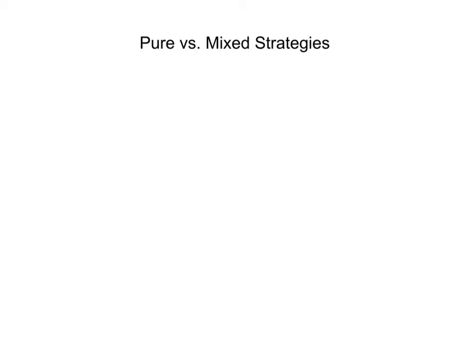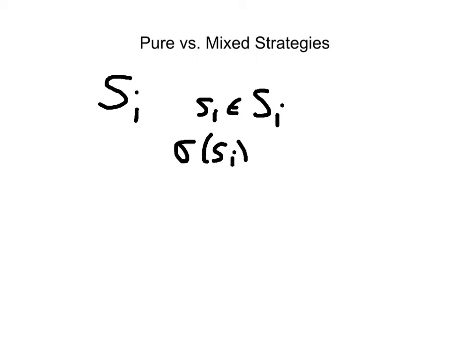So another way to think about it is simply to say that given player I's pure strategy set S_i, a mixed strategy for player I is simply a rule to assign to each pure strategy in the set a probability that it gets played, and the probability is denoted as follows for player I. So we put subscript I here.